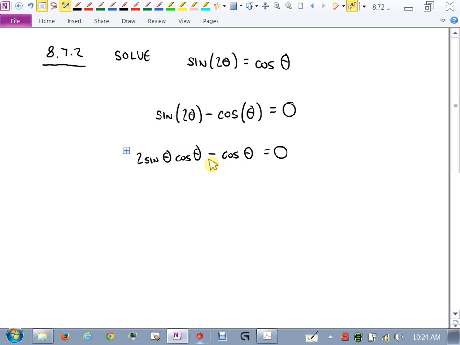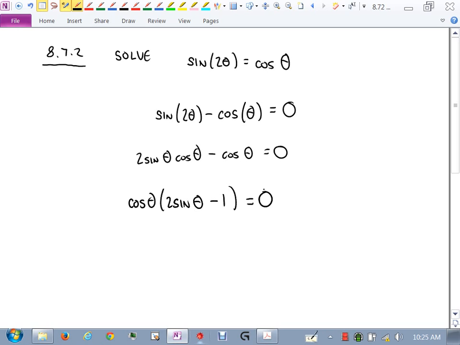Well, there's not multiplication though. It's subtraction, so I can't do that. Can you factor this side? What do these both have in common? They have a cosine, right? So could I do this? Cosine theta times 2 sine theta minus 1. I could do that, right? Factor a cosine out of each of the terms.